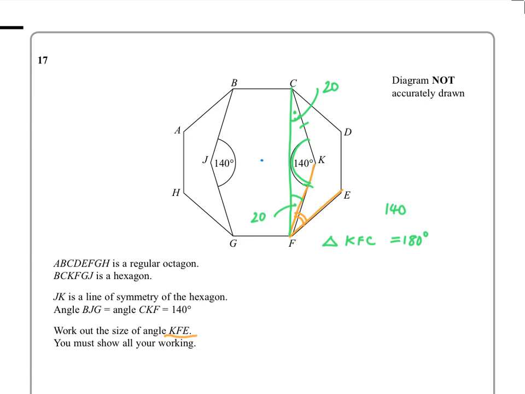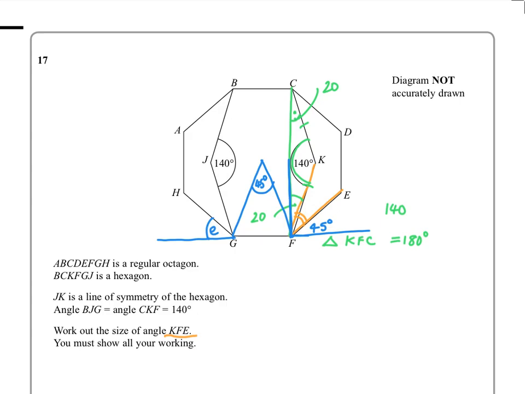Well, I know that if I had the centre of the octagon here, this angle would be 45 degrees, and I know that this exterior angle is always the same as the centre angle. So by that token I would know that this here on this straight line was also 45. Well, this angle here has got to be 90 altogether.